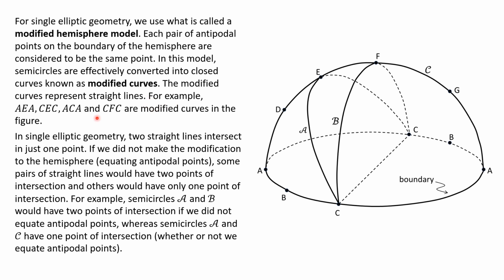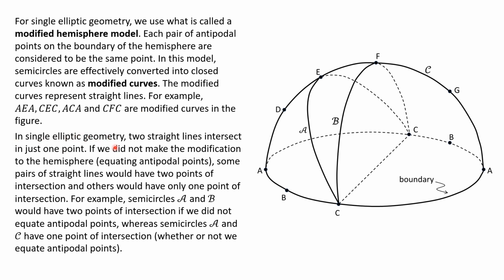We have a few more here. A, E, then all the way down to A, that would be another one. CEC, we already talked about CEC. ACA, so that's along the boundary, and then CFC, we already talked about that one.